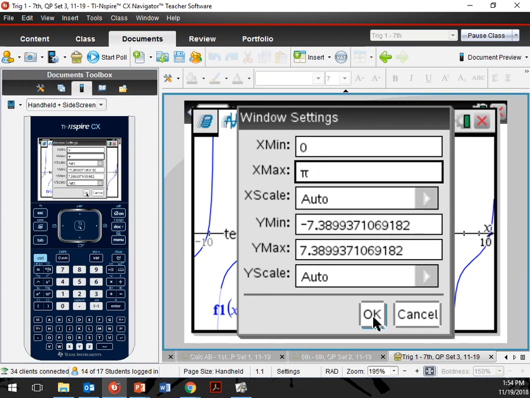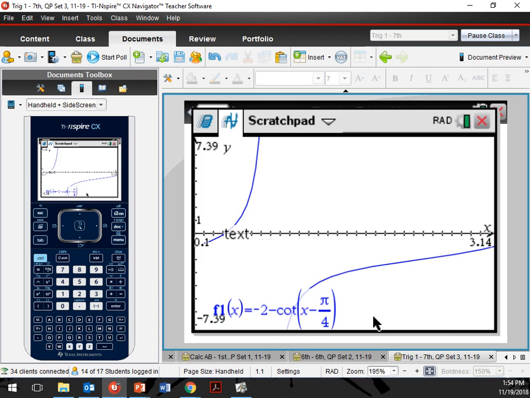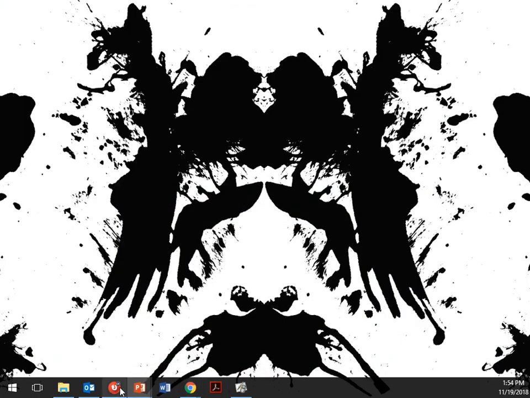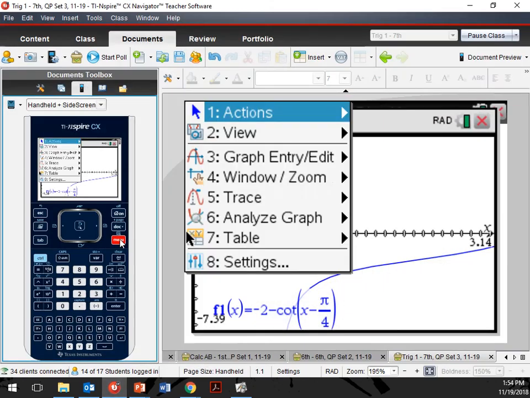Okay, let's try that. Uh-oh, asymptotes aren't there, are they? When I found my asymptotes, we said it was where? Negative pi over 4 and 3 pi over 4. Let me change that up. Menu.